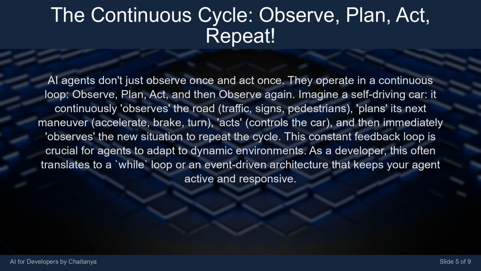This constant feedback loop is crucial for agents to adapt to dynamic environments. As a developer, this often translates to a while loop or an event-driven architecture that keeps your agent active and responsive.